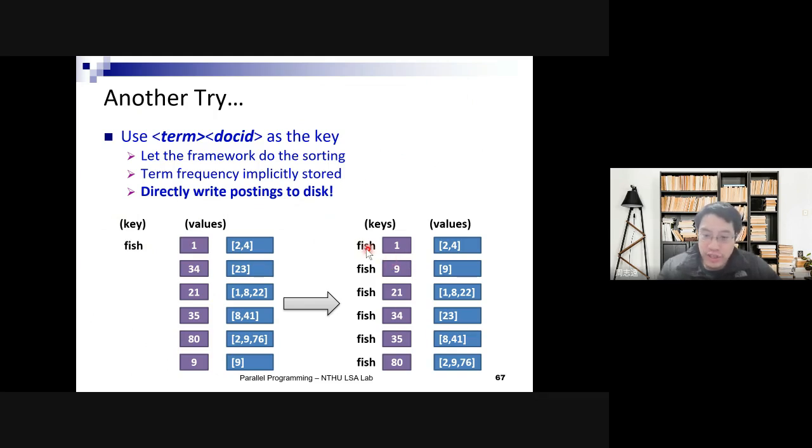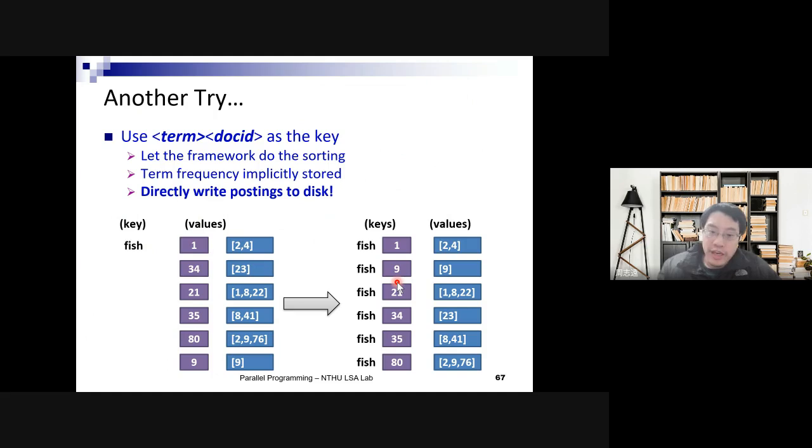As shown here, you have fish and maybe -1 and fish -9, something like that. With this, remember the MapReduce framework will automatically sort all the records by their key, so it will automatically sort those records by not only the term fish but also the part of the value.